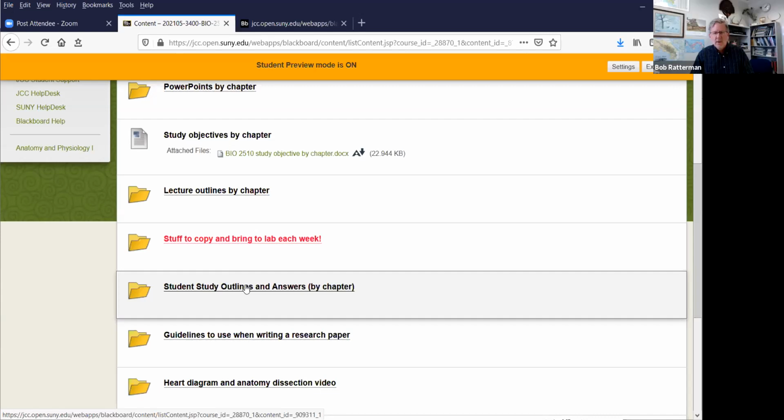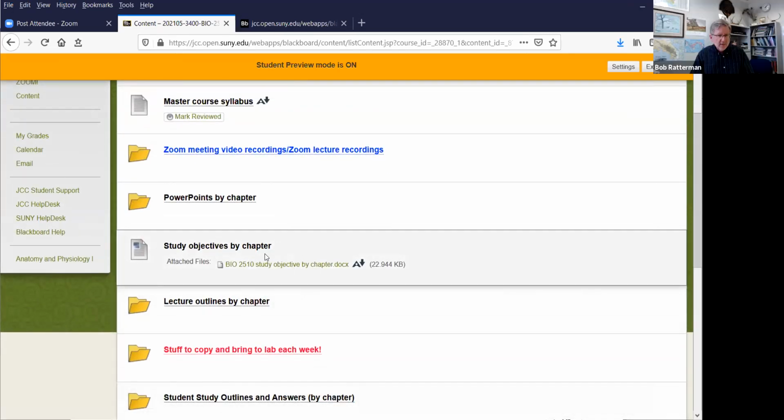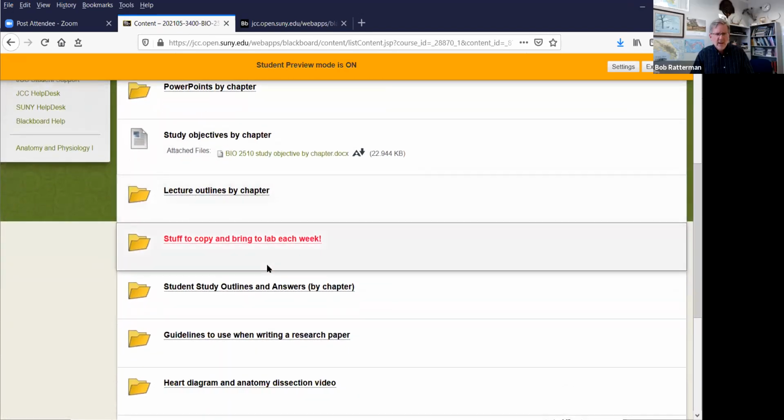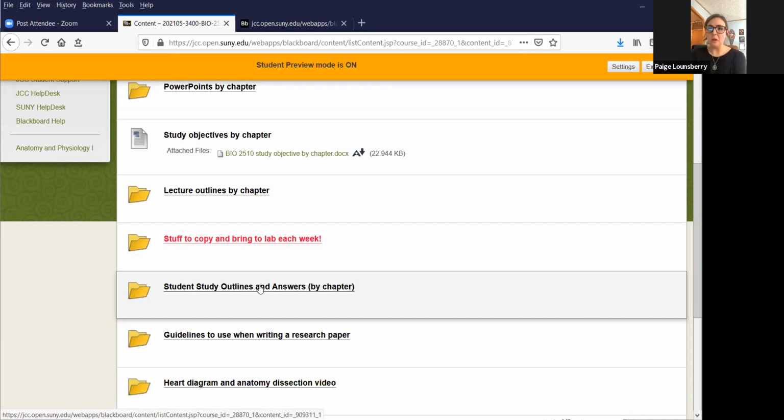Well, Paige, what were you using? I have only printed out the study objectives so far. These? Yes, yes. Study objectives by chapter. I thought you said study guide earlier. Well, I just used that as a general term.